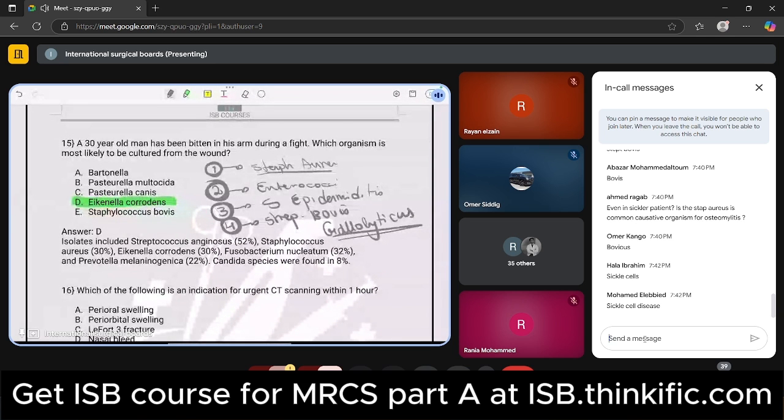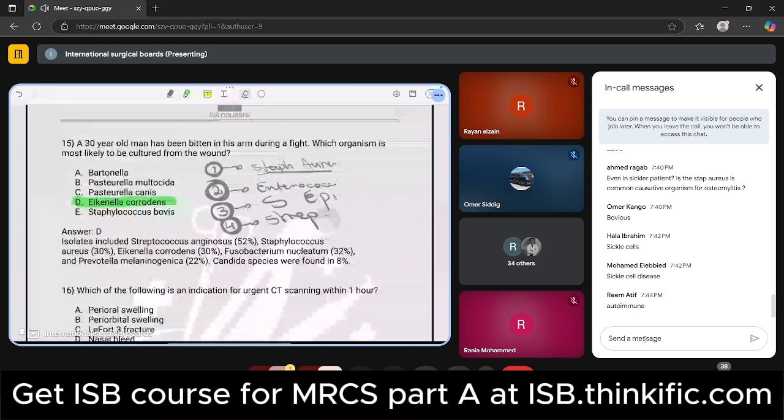Now, I have a question. We said that in patients that have infective endocarditis, do you know any other form of endocarditis besides infection? Excellent.